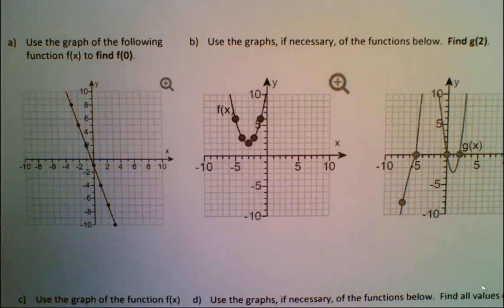Now for the next set of examples, we're going to think about the definition of a function. We have an x coordinate, we have a y coordinate, we have an input value, we have an output value.